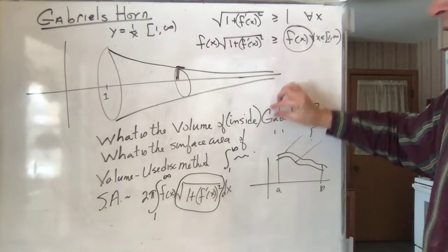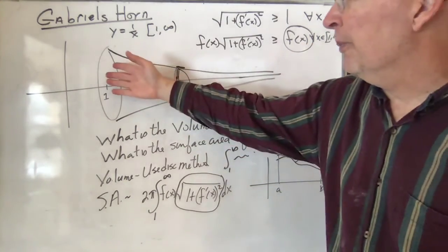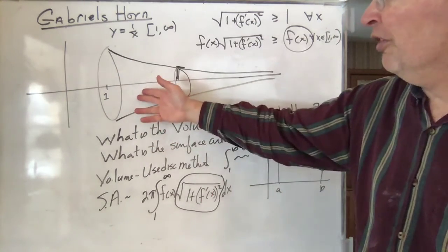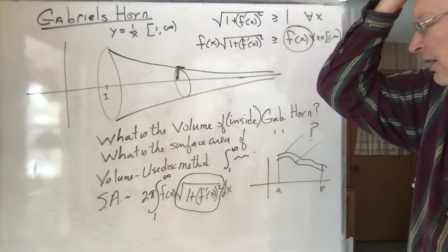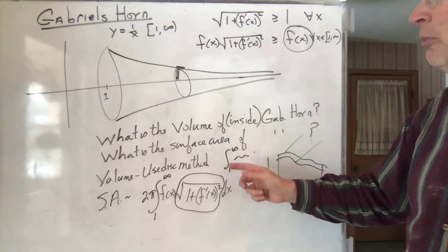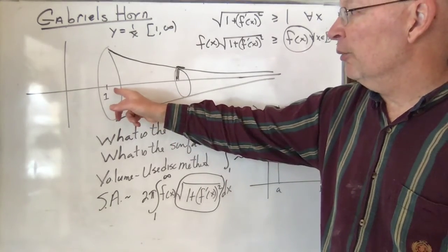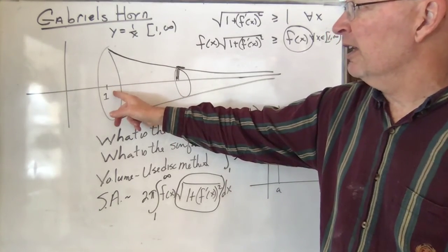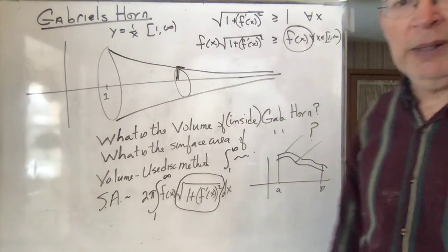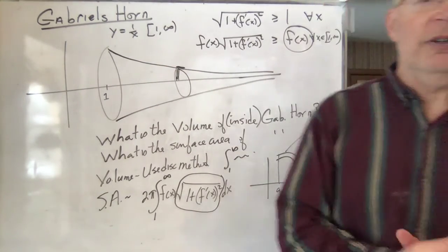And yet you can fill the whole thing up with a finite amount of paint. They say, how can you have something with an infinite surface area and finite volume, given that you could fill it up with a finite amount of paint, but it would take an infinite amount of paint to paint it? And you have to be able to come up with an answer to that question, okay?